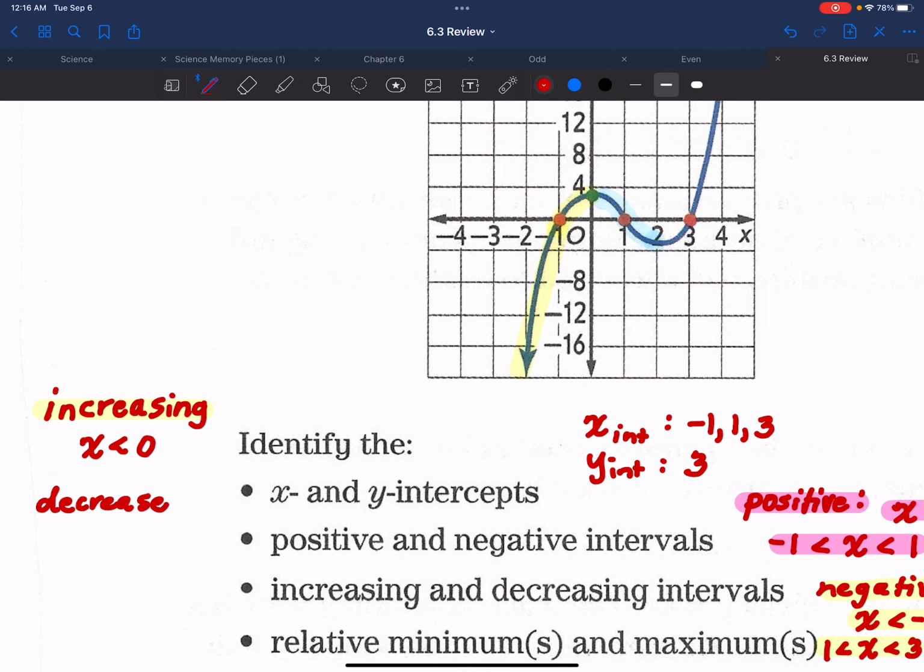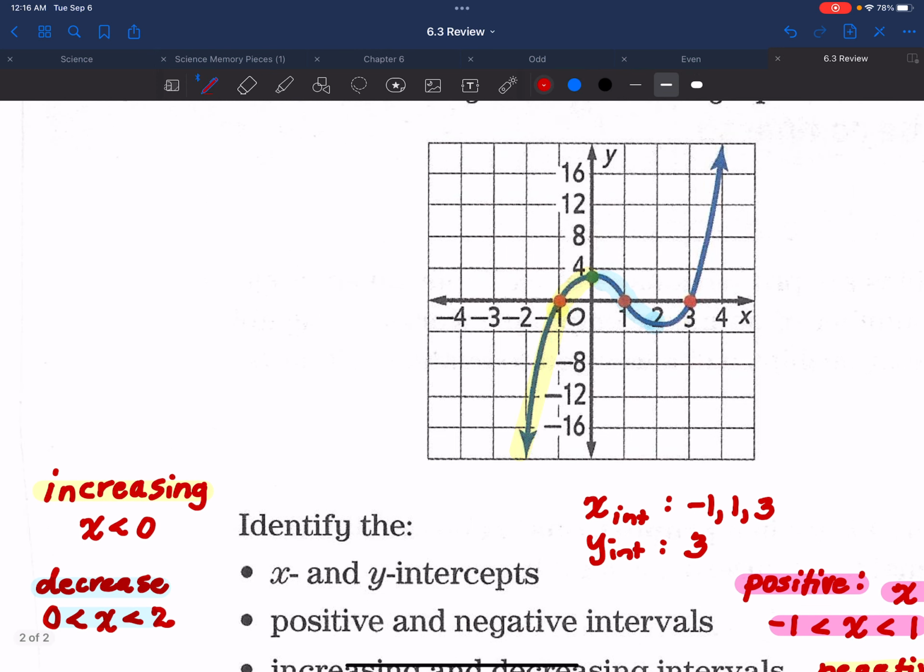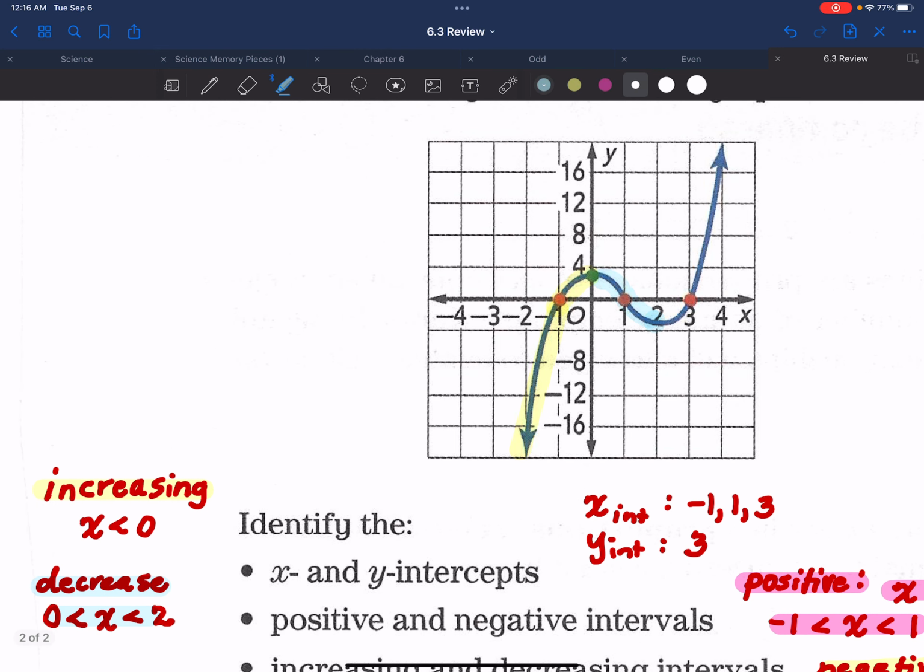So we are going to say when x is between 0 and +2, you will get a decrease. And then we start increasing again. So we have another yellow section of the graph.